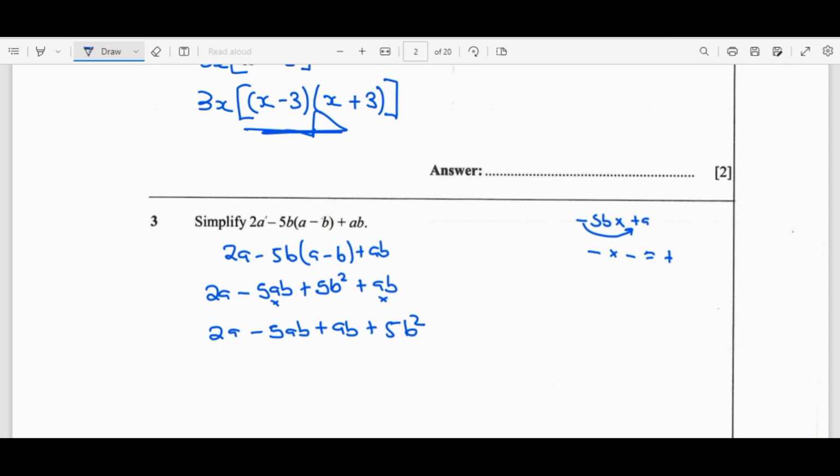Different signs, we subtract and we maintain the sign from the bigger number, which is 5. So we'd say 2a minus 4ab plus 5b squared. And then you look out to say, do we have like terms here? No, we don't have like terms. So it means that you are done.